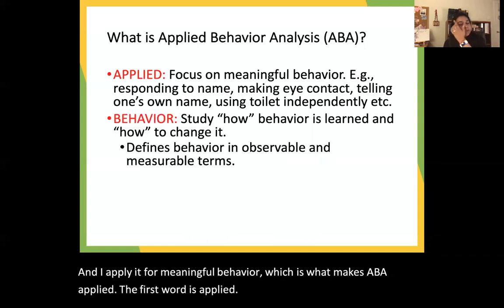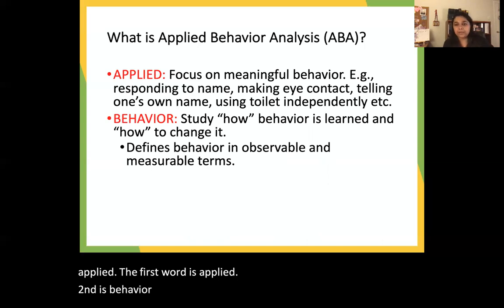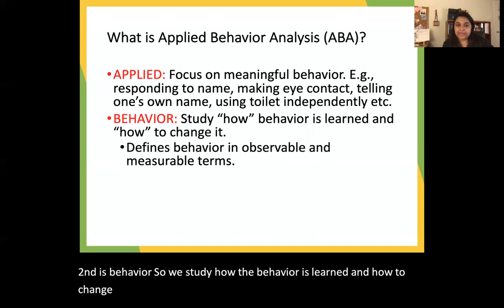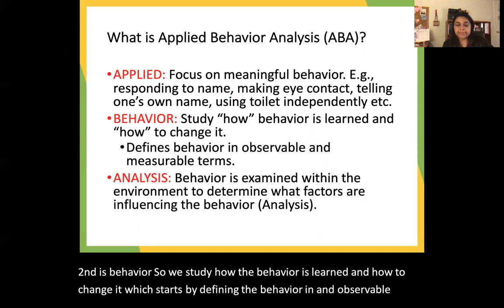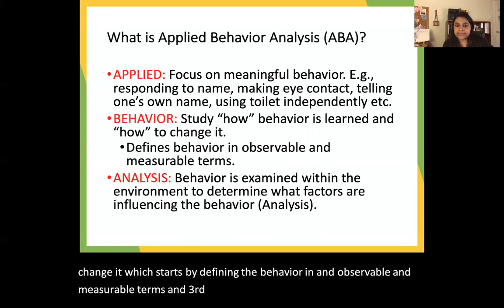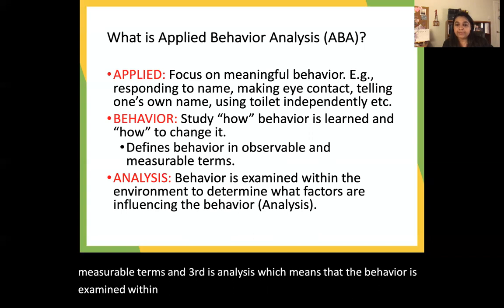Second is behavior. So we study how the behavior is learned and how to change it, which starts by defining the behavior in observable and measurable terms. And third is analysis, which means that the behavior is examined within the environment to determine what factors are influencing the behavior.